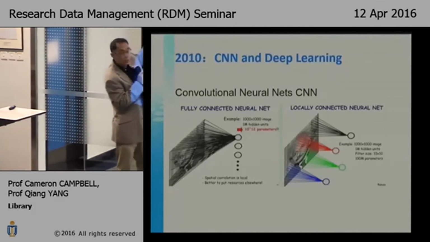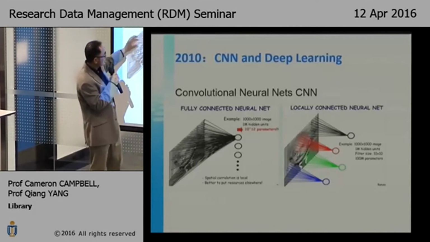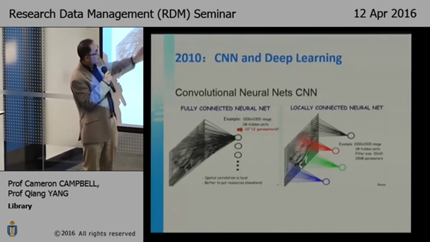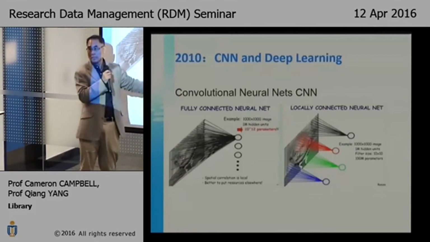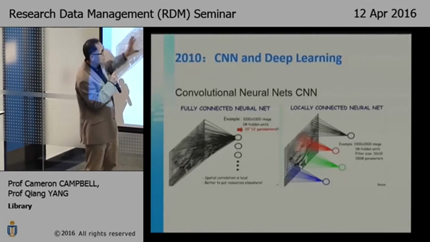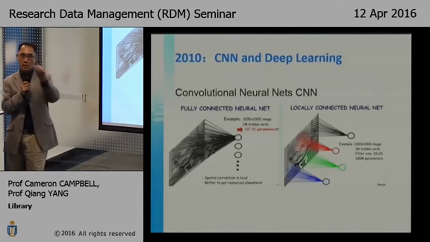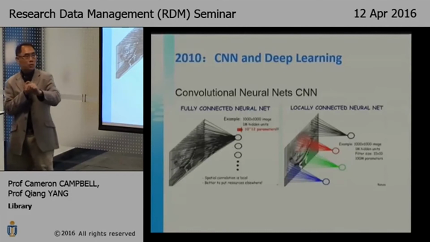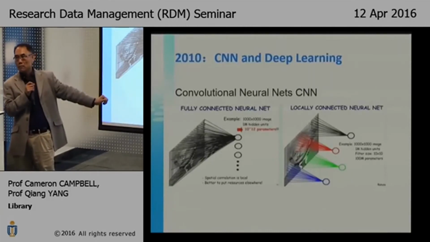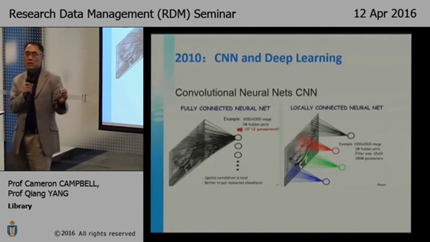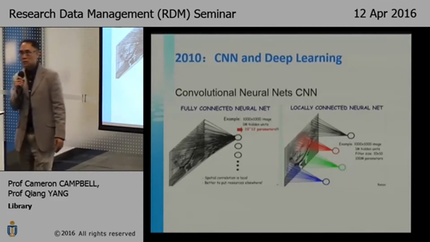But before this date, people used global connection. In other words, every single pixel is fed to every single processor. And this made the computation impossibly slow. Imagine everybody here has to read every book in the library. Everybody, literally. Then you can't imagine the date when you walk out of this library.